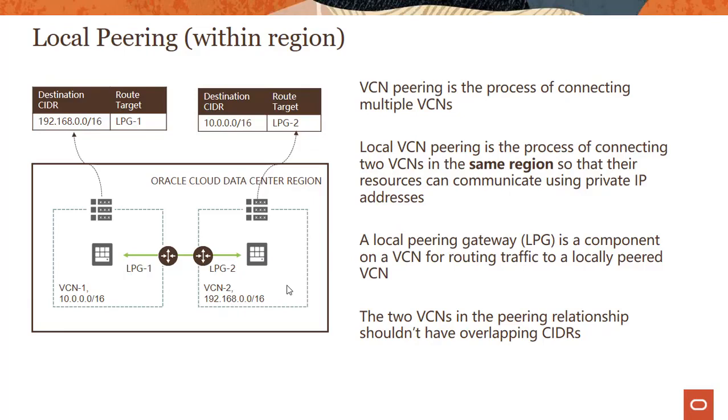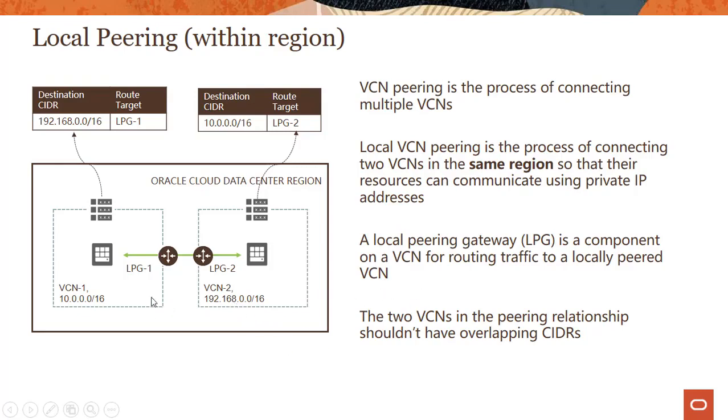That's number one. Number two is peering is not transitive. What that means is if you have this VCN paired with this particular VCN, and let's say there is a VCN3 which is paired with VCN2, it doesn't mean that VCN1 is paired with VCN3.